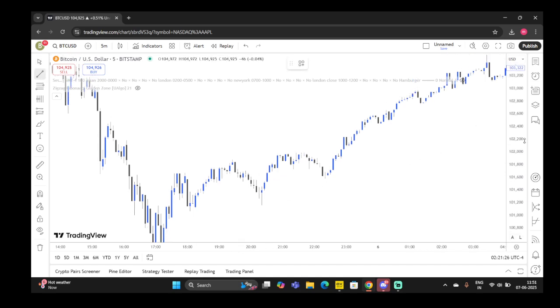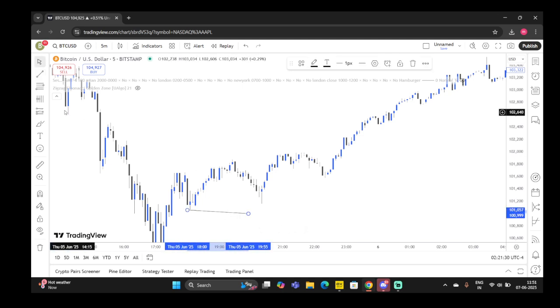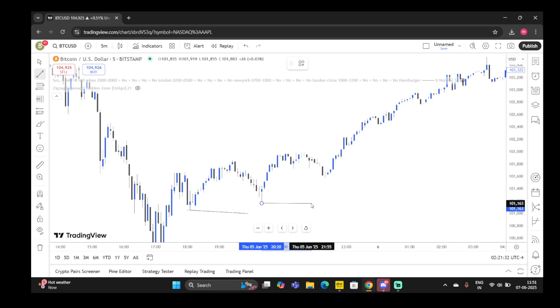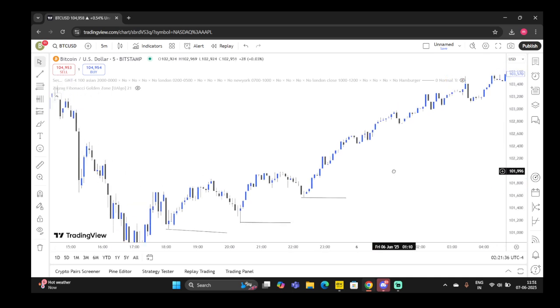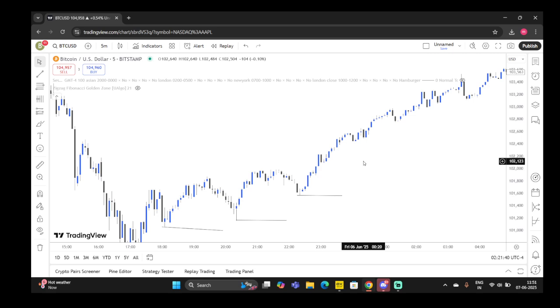So the market is creating higher lows, again a higher low, again a higher low, and it never shifted the market structure.